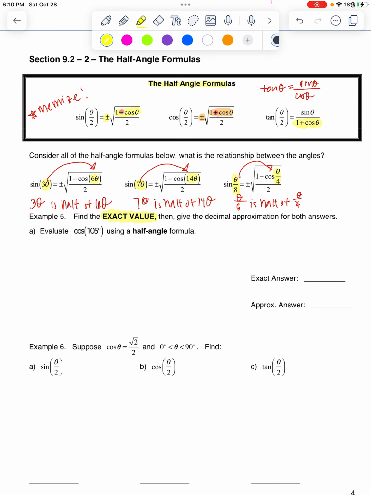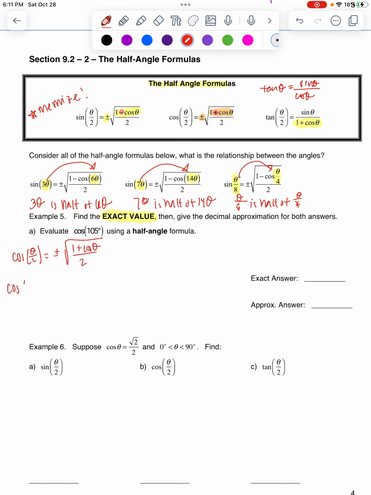Given the past sections, we know how to calculate the cosine of 105 degrees using our sum and difference formulas that we learned a while back, by finding two numbers that add or subtract to get 105 degrees. However, now we're dealing with our half angle formulas. So we are dealing with cosine, so I'm going to rewrite that formula for cosine: the plus or minus square root of 1 plus cosine of theta all over 2.